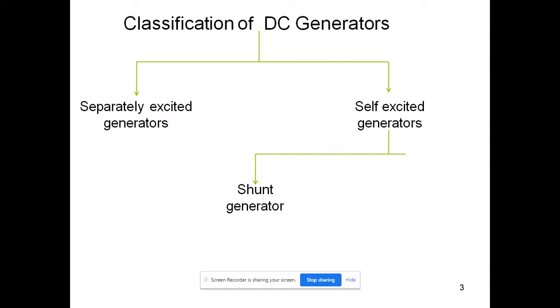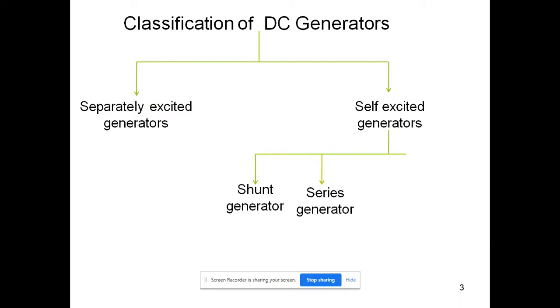Here shunt means nothing but parallel. If the armature and field and load are connected in parallel, then such a type of generator is called as shunt generators.